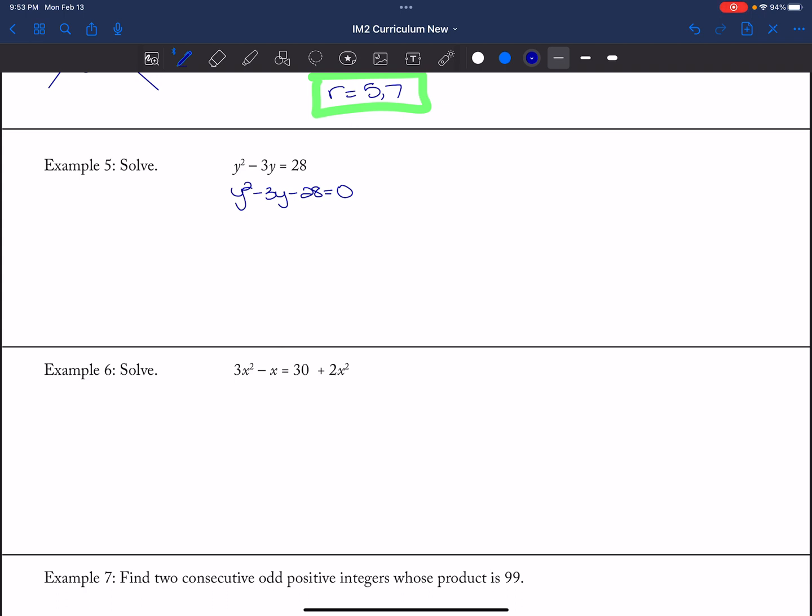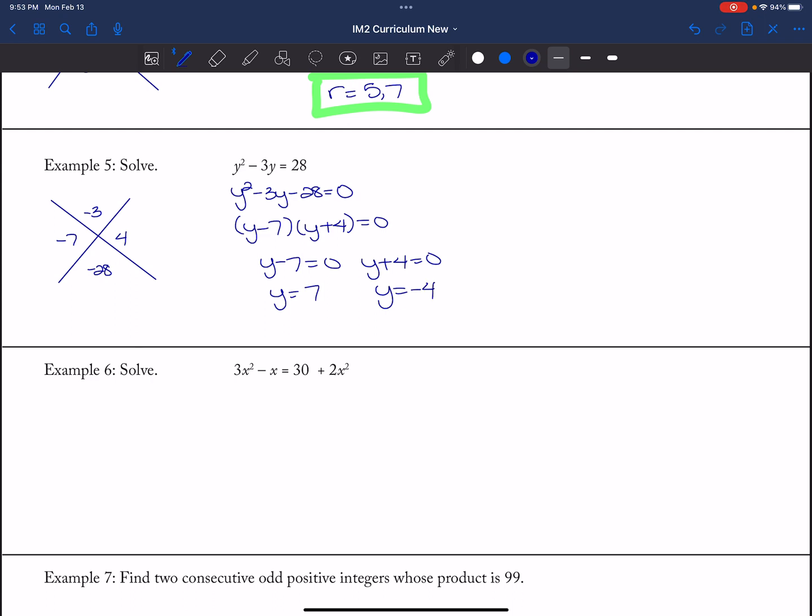Okay, so now I'm going to factor. I have negative 3 on the top, negative 28 on the bottom. So that's a negative 7 and a positive 4. So that's y minus 7 and y plus 4 equal to 0. So y minus 7 is equal to 0. y plus 4 is equal to 0. So y is equal to 7 and y is equal to negative 4.